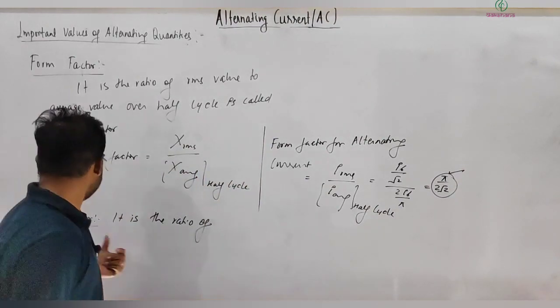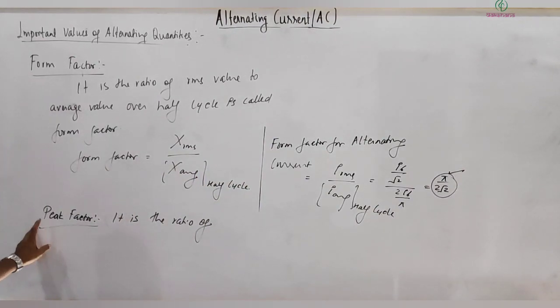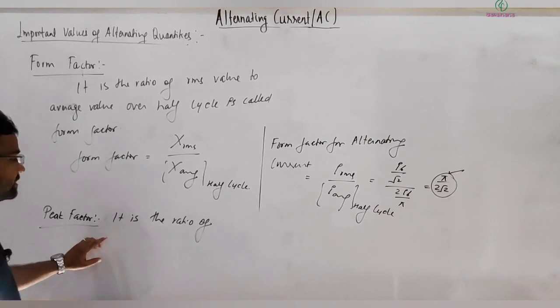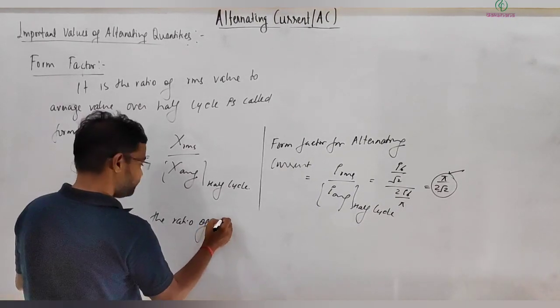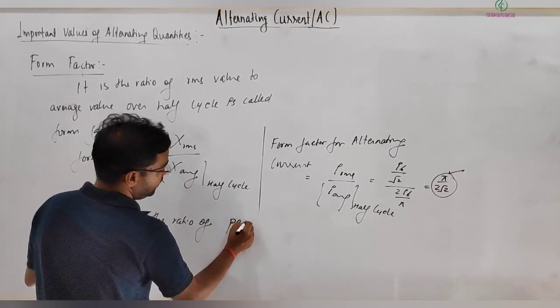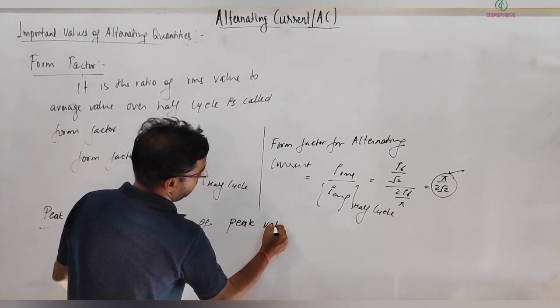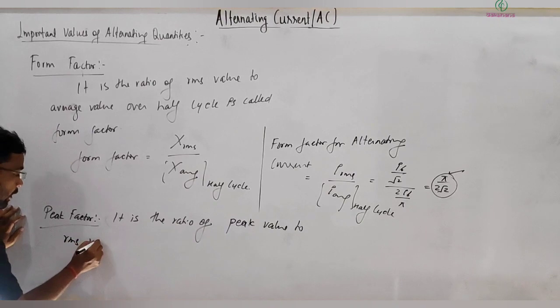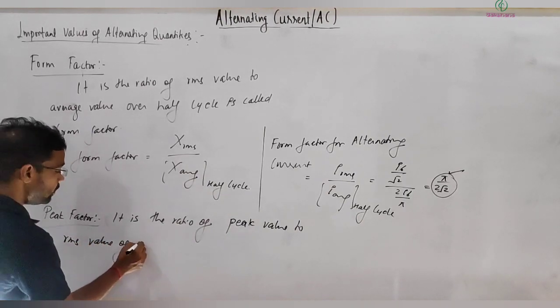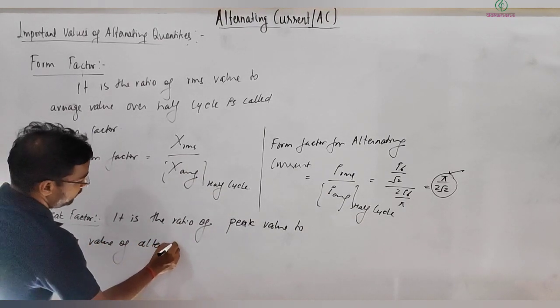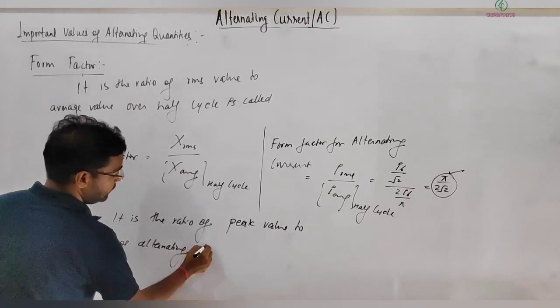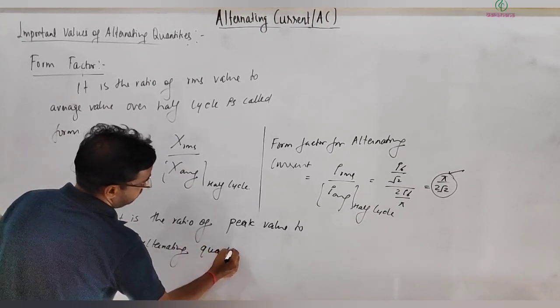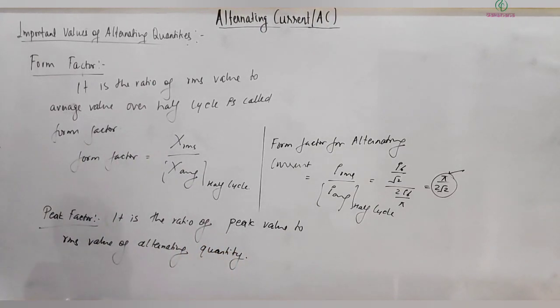Clear? So similarly, there is one more term, that is called peak factor. It is the ratio of peak value to RMS value of alternating quantity, that is termed as peak factor.